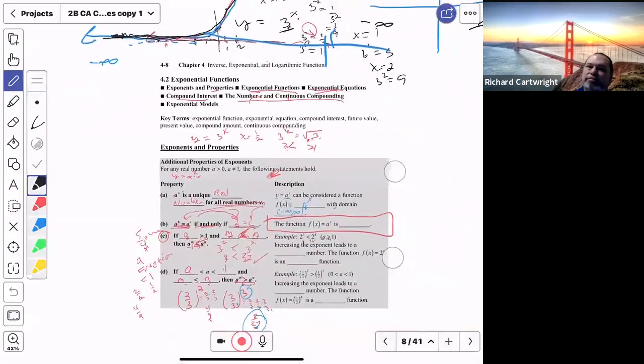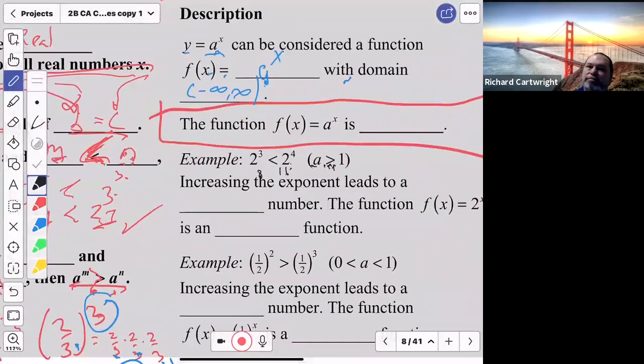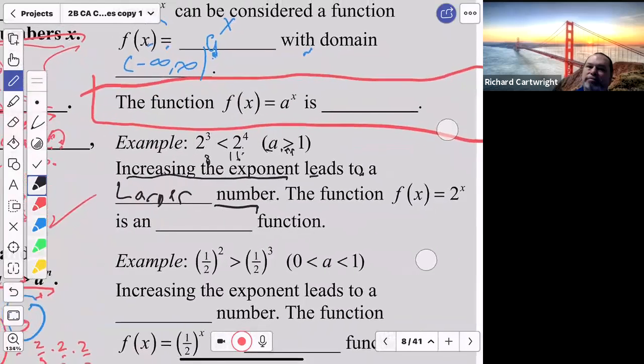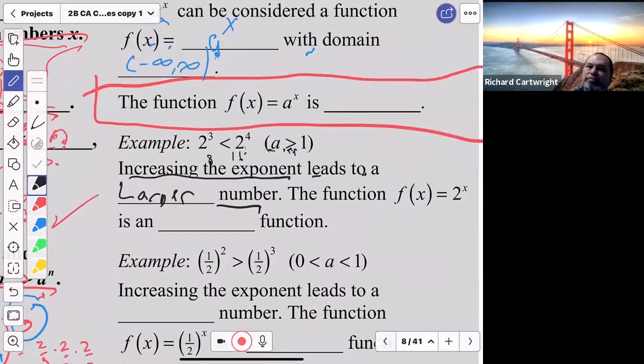So what I'm going to say about that one, that if you increase the exponent, it leads to a larger number. And the function f of x equals 2 to the x is an increasing function. It's increasing as you go from the left to the right.